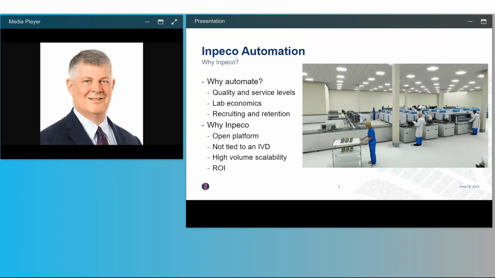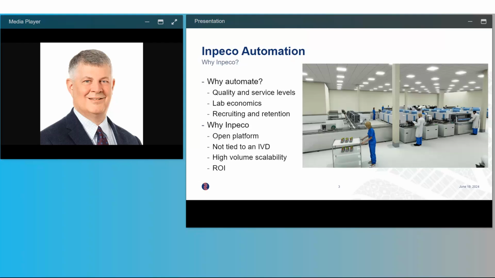We're all very familiar with the lab economics today. The push down from the top on payers, reduced reimbursements, the push up on the bottom from our expenses. Labor, especially in the last few years, post-pandemic, has been a huge change in the marketplace as the technical workforce has aged and not been replaced at the same level, and it's moving into retirement.